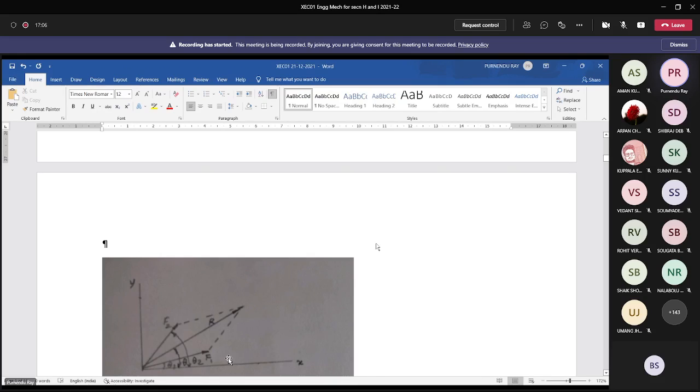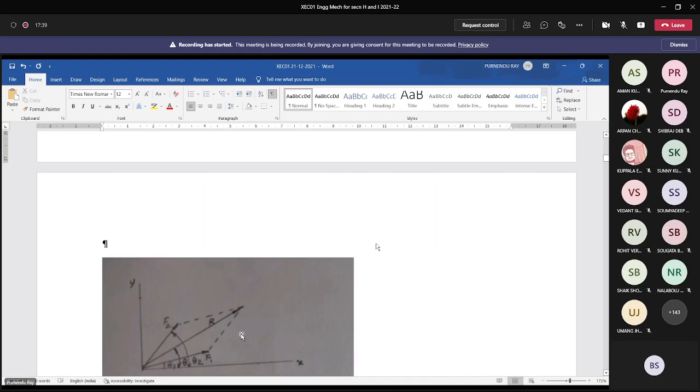Then what about the projection of this F1 line on x? Projection means whenever you drop perpendiculars from its two terminals, the line joining the feet of those perpendiculars is F1 cos theta 1. Now, if we drop a perpendicular from the terminal of F2 also, the free vector F2, we get the foot of the perpendicular.